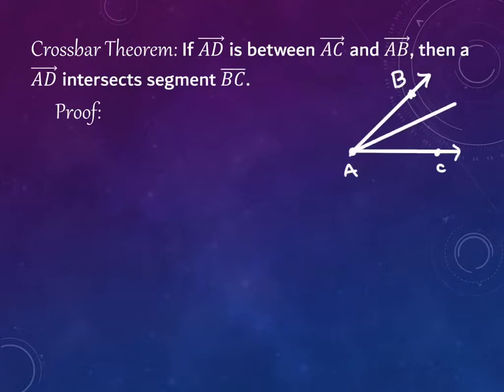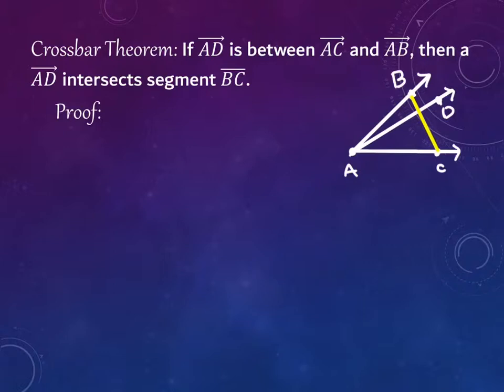And then ray AD is somewhere in between them. This says that segment BC should be intersected by ray AD. Visually speaking, you all say, yeah, it looks good to me, right? That's what we're going to be proving this morning, that it actually works.